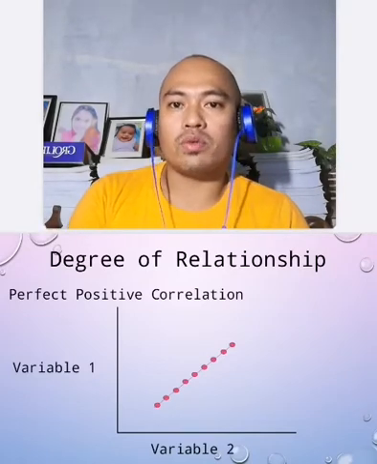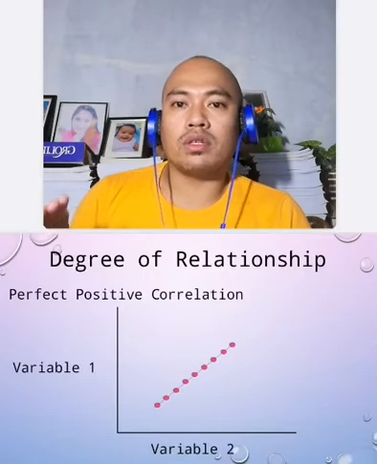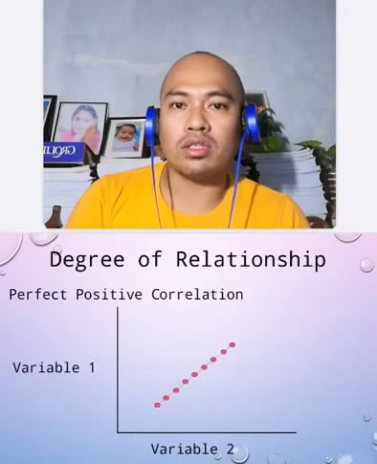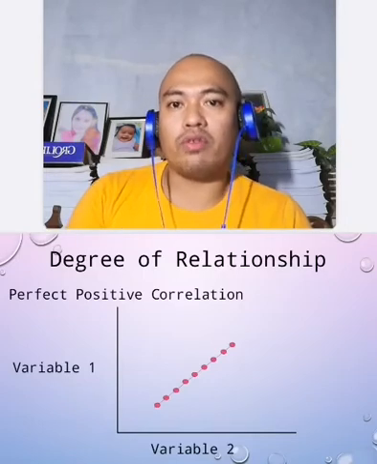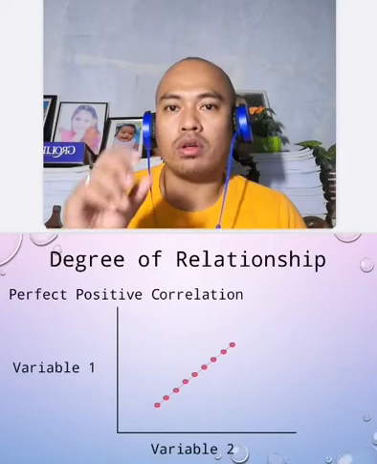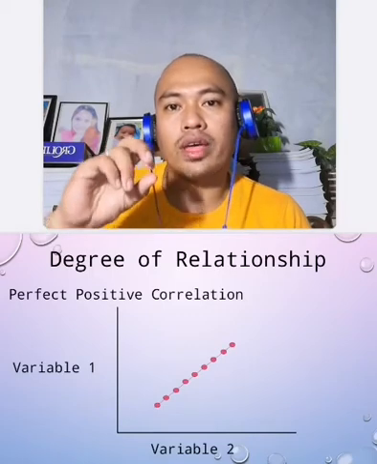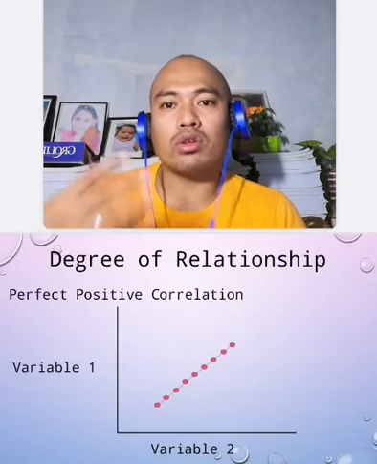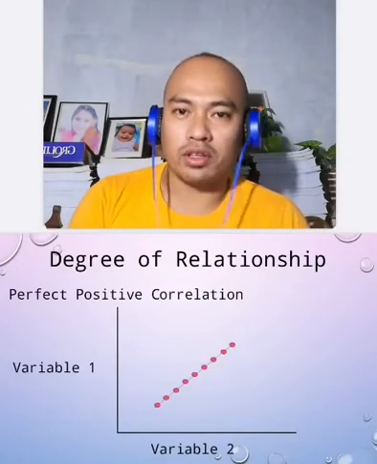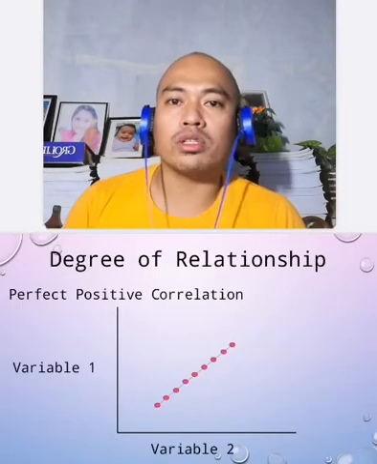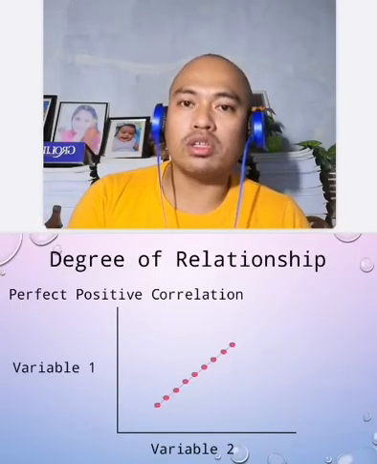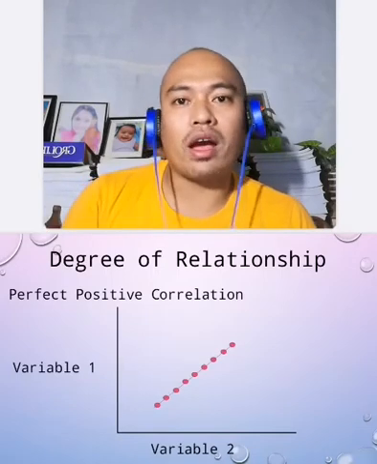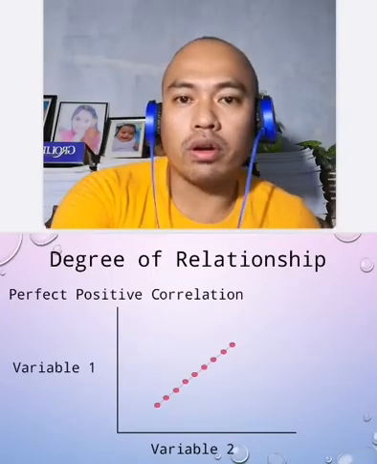The line that is rising shows there is a positive relationship. If these points are exactly located on that line, then automatically we have a perfect correlation, that these two variables have a perfect correlation. So this is the first degree of relationship that we can have when we are correlating two variables.